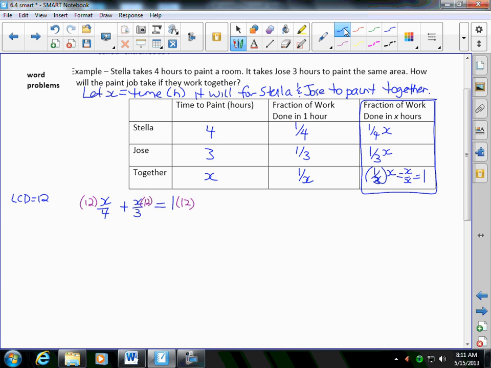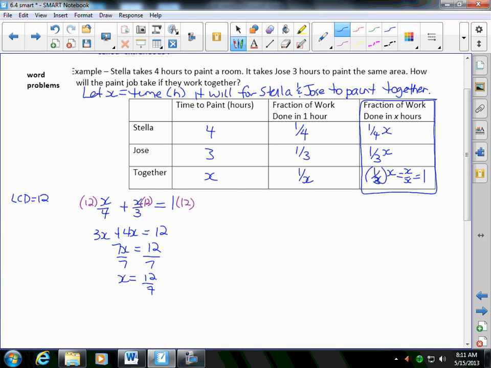So 12x over 4 will be 3x. 12x divided by 3 will be 4x, and that is going to equal 12. So I have 7x is equal to 12. Divide by 7. So x is equal to 12 over 7 hours, which is just a little under 2 hours.